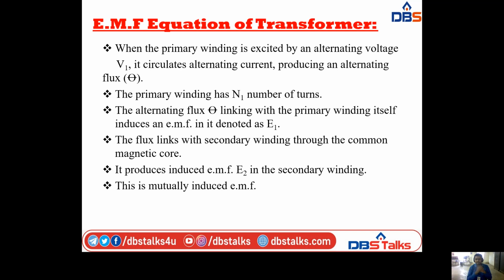That means the flux links with the secondary winding through the common magnetic core, so it produces an induced EMF E2 in the secondary winding. That one is called mutually induced EMF.